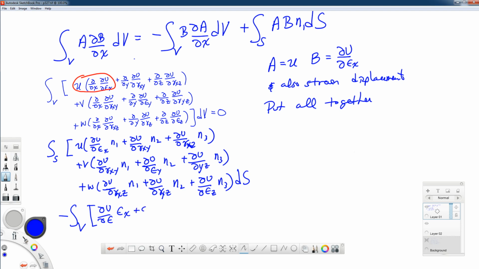And likewise, we will get similar terms for the other two normal strains. And we will get contributions that add together to look like shearing strain terms on the mixed partial terms. And almost got this done here.